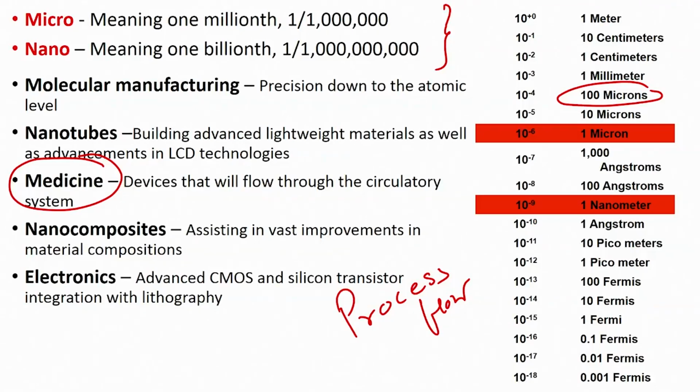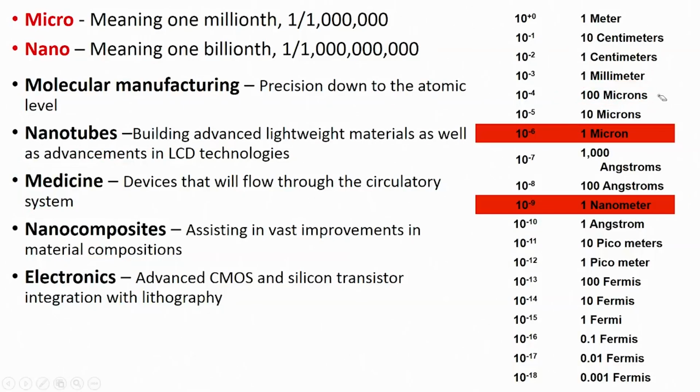Finally, this technology is also used in electronics. When we talk about electronics, we talk about MOSFETs, complementary metal oxide semiconductors, and how we can fabricate these MOSFETs and circuits that are used in electronics. So, when you understand the concept of micro and nano and the technology behind it, you can apply your knowledge in several fields.